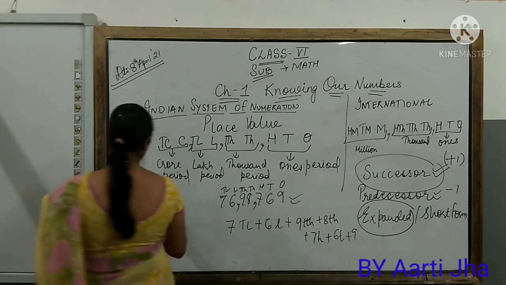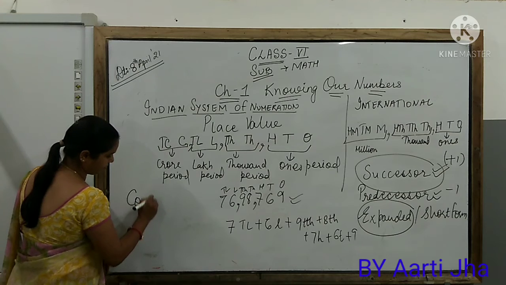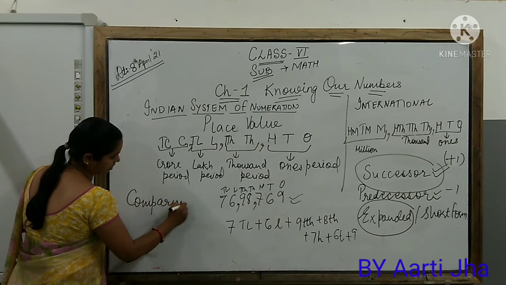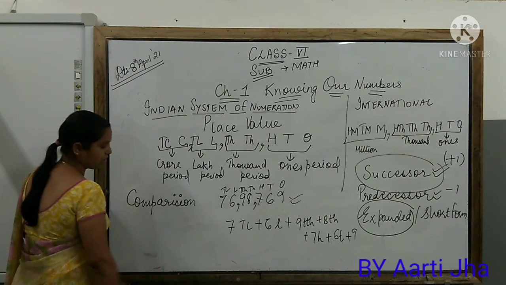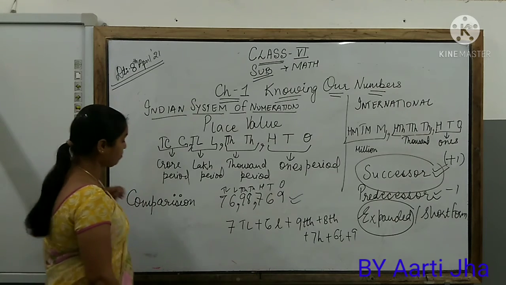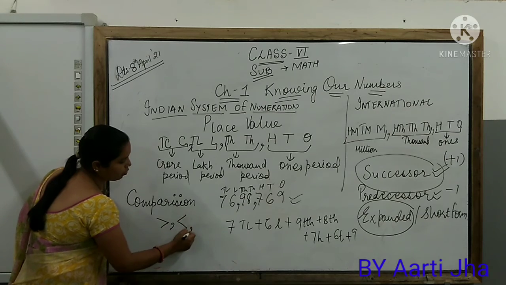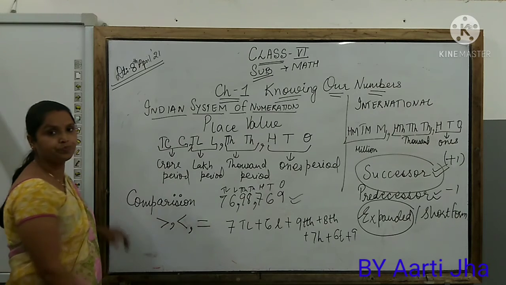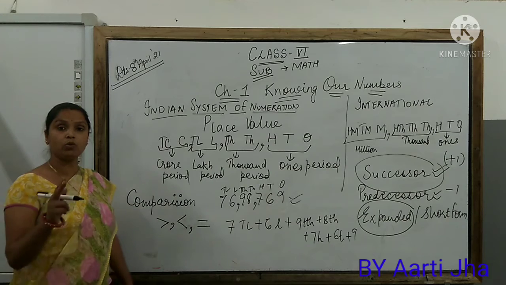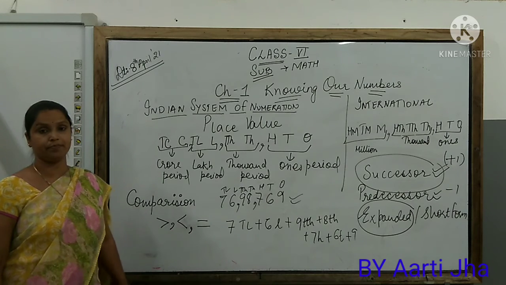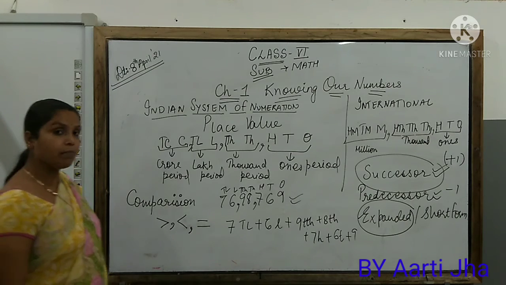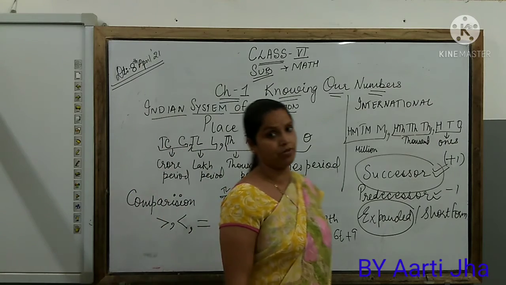Now let us come to the comparison. If I talk about comparison of numbers, it is done by using 3 signs: less than, more than, and equal to. When we are comparing two numbers, we use these signs, and we compare the numbers by using their place values.